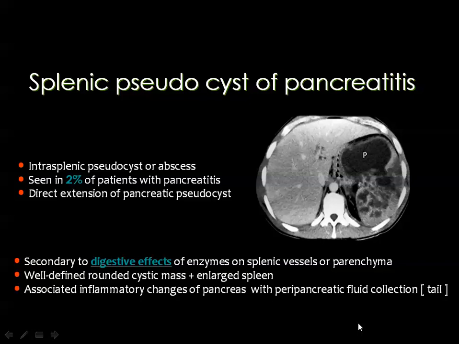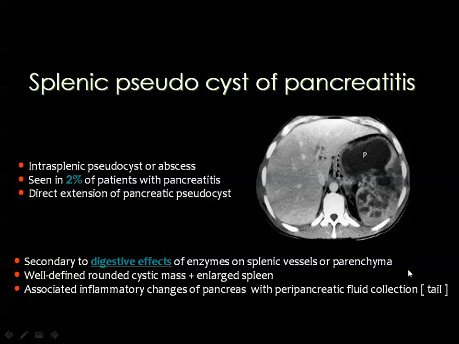Then in cases of pancreatitis, there may be invasion of the inflammatory substance, or the inflammatory granulation tissue being adjacent to the spleen may spread inside the spleen, and it will result in multiple cystic lesions inside the spleen, and these are known as splenic pseudocysts of pancreatitis.